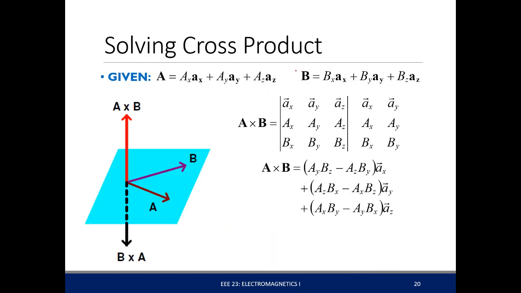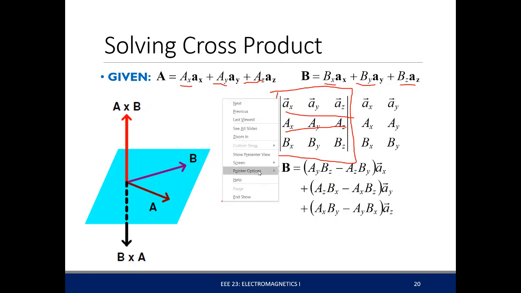So to compute that, given you have A defined by its components, AX, AY, and AZ, and B also defined by its components, BX, BY, and BZ, you can get the cross product by getting the determinant of a 3 by 3 matrix defined by the unit vectors of the Cartesian system and the component scalars of your vectors. Okay.